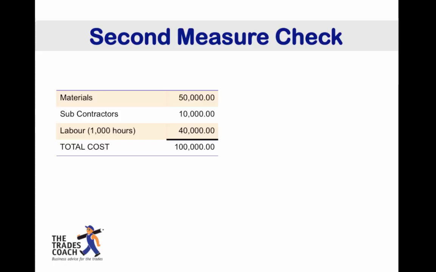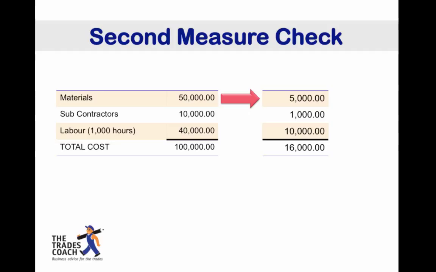But anyway, what you need to do is extract out separately the aspects of the margin in each of these lines. So in your materials, the cost to you was $45,000. You've charged them out at $50,000, so there's a $5,000 margin there. Subcontractors, they were going to cost $9,000, so you've added $1,000 margin there, so put that across to this other calculation.